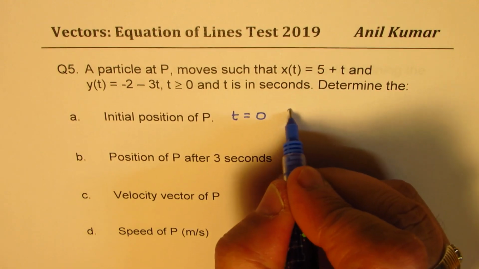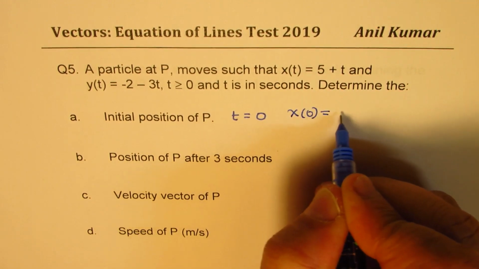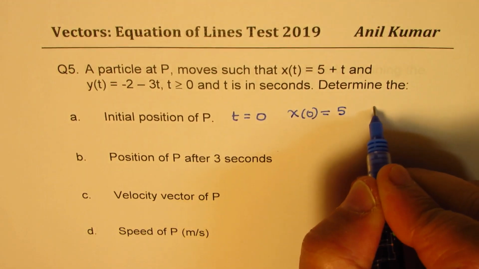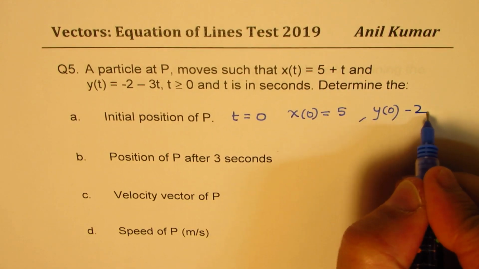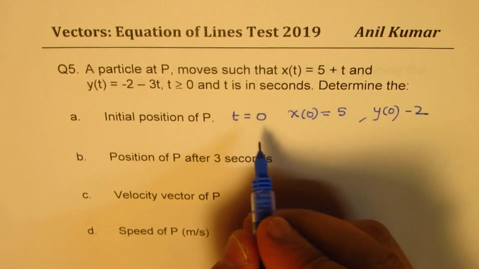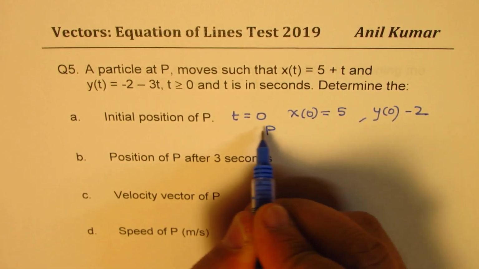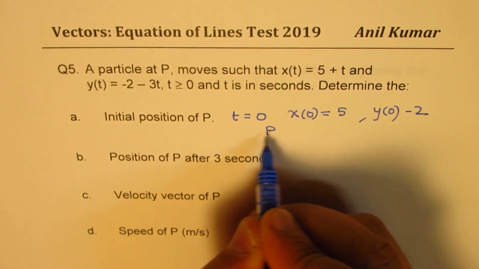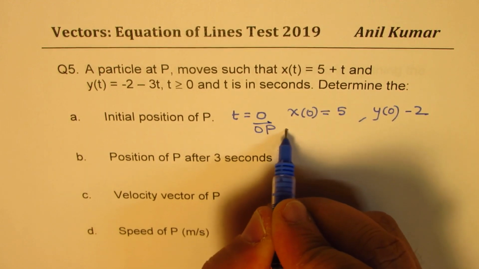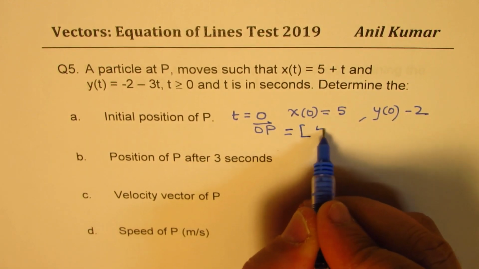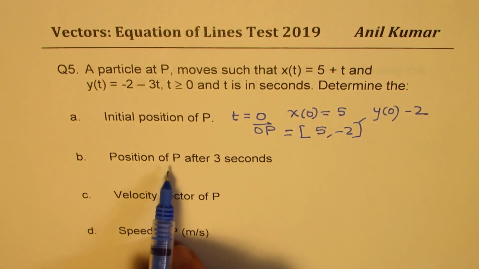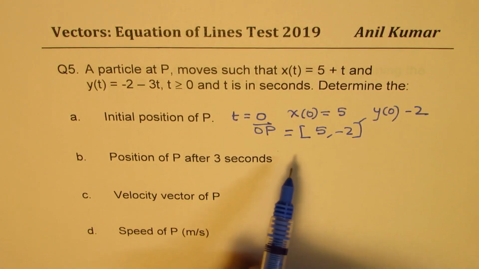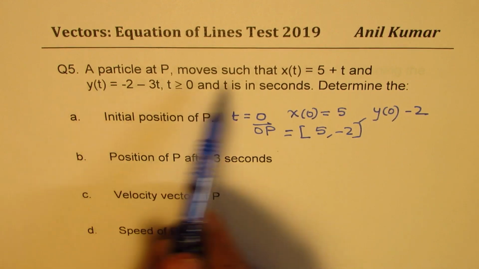Clear? So if I write x0, we get the value 5, and for y0, we get the value minus 2. And therefore, you could write the position vector OP as (5, -2). Correct? Next, position of P after 3 seconds. So this time, we'll substitute 3 here.